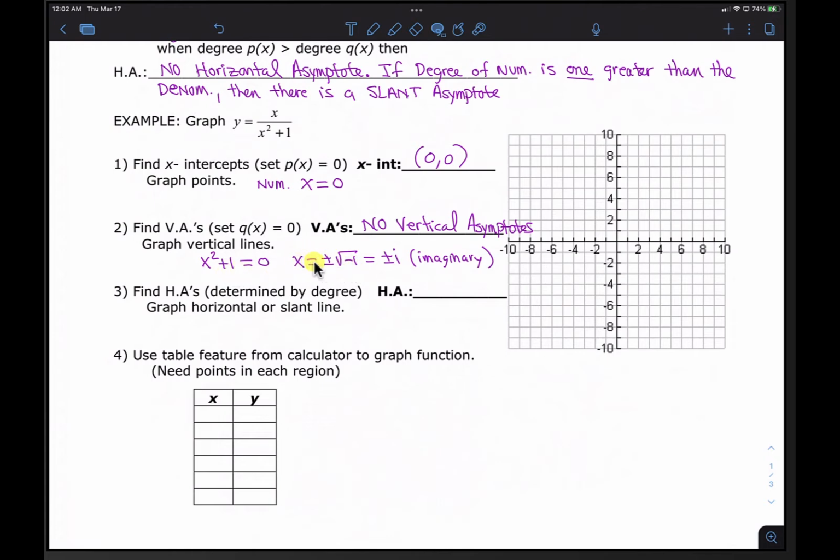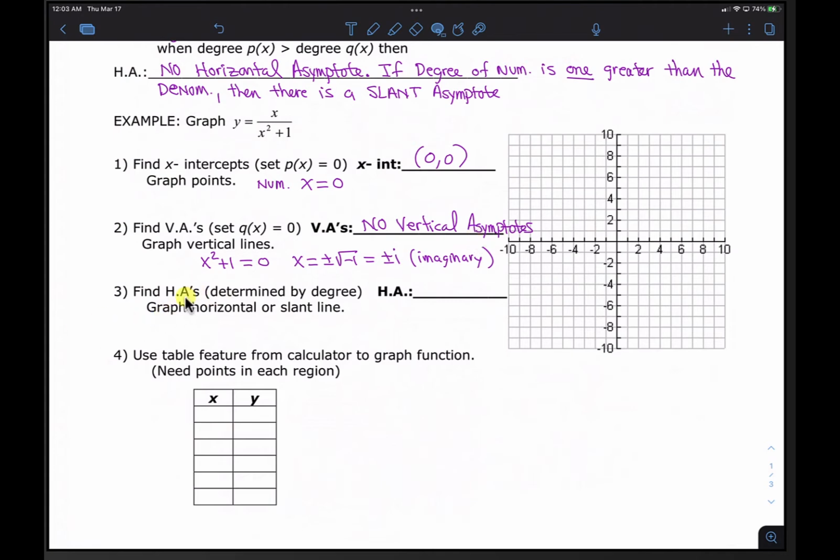We get x equals plus or minus the square root of negative 1, which is plus or minus i. That gives us imaginary solutions, and when we have imaginary solutions, there are no real vertical asymptotes. So there are no vertical asymptotes for this graph.